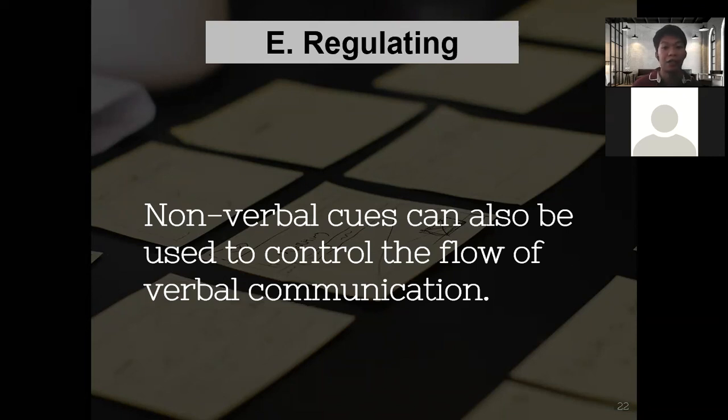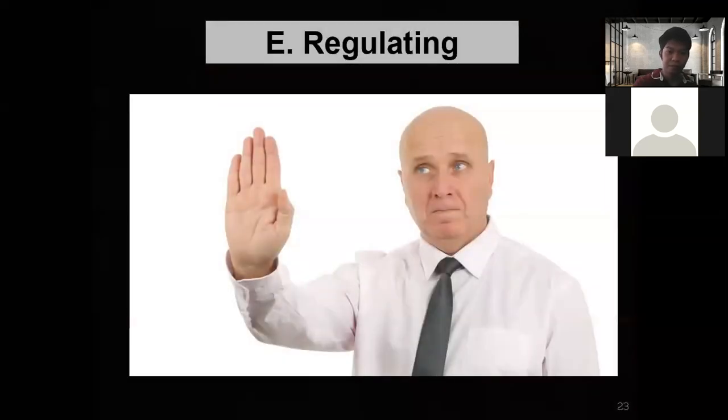So that's another way of distinguishing the nonverbal implications in communication. Or you may use hand gestures like this when you want the other person to stop or halt his or her speech.